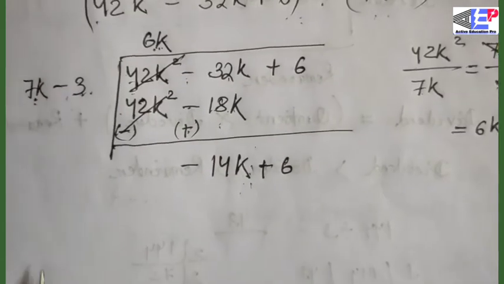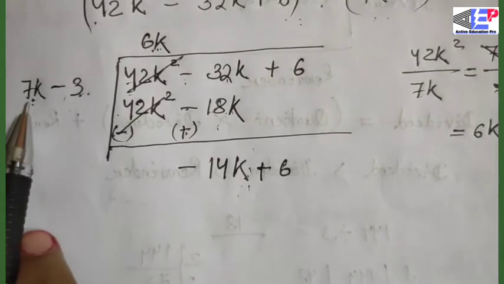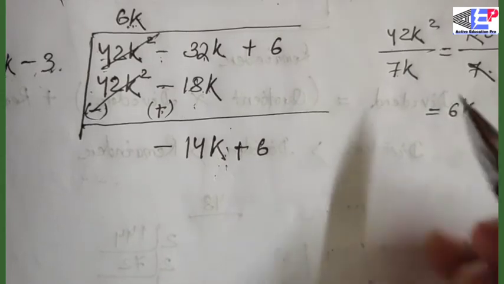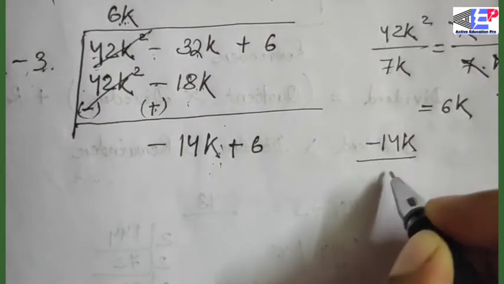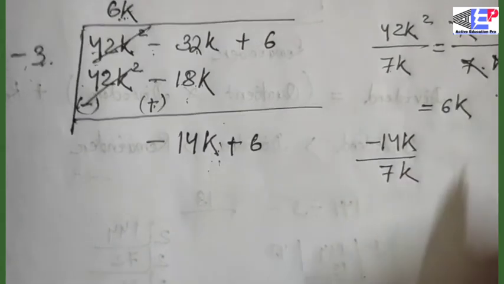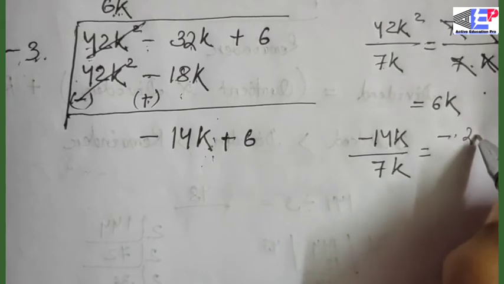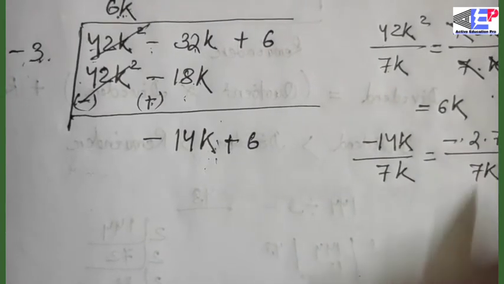Again focus on the first term of both the divisor and dividend. Divisor is 7k and dividend is minus 14k plus 6. Then minus 14k divided by 7k. Then the answer will be minus 2 into 7k divided by 7k.